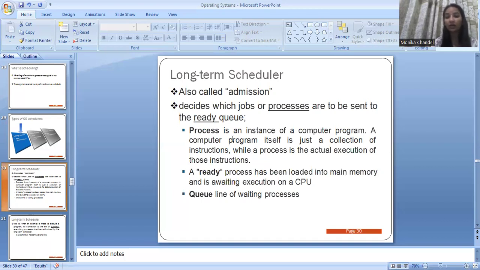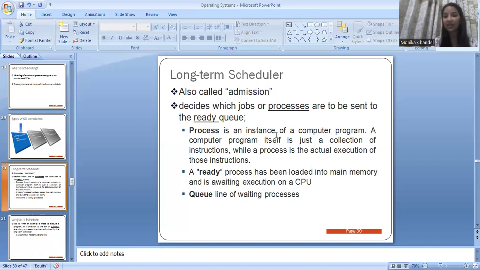So the long-term scheduler has the responsibility to send the job to the ready queue. It is the first step before the execution. So our first job is placed in the ready queue.